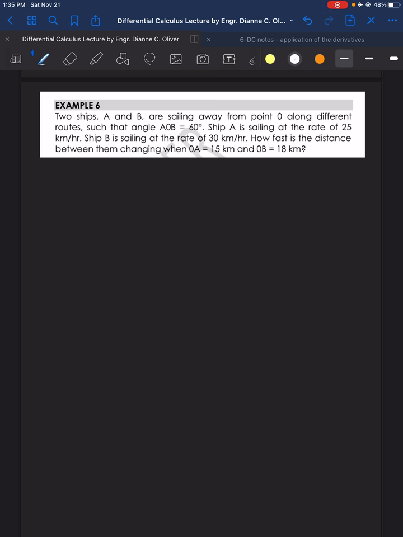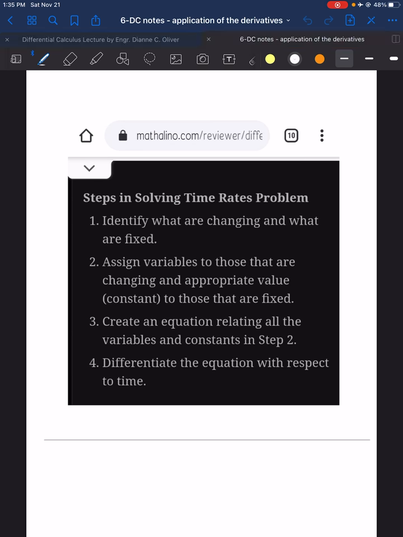So to visualize, let's have this drawing here. So here we have there, let's say this is ship A, so it's moving from point O towards that point, and then this is ship B. So first, identify what are changing and what are fixed.